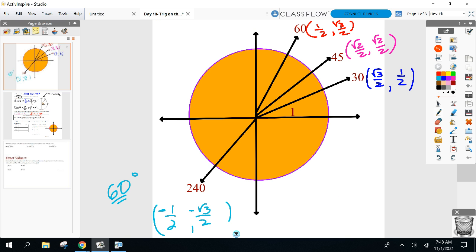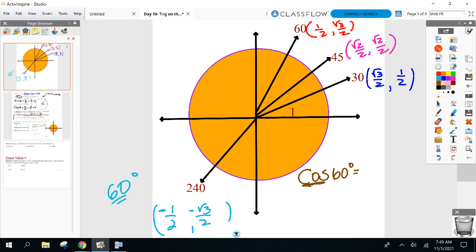Watch how we're going to use this. You don't have to write anything down. What if I want to know the value of cosine of 60 now? Everyone go to 60. You know the ordered pair. That's what we worked on all Friday. Which coordinate represents cosine?